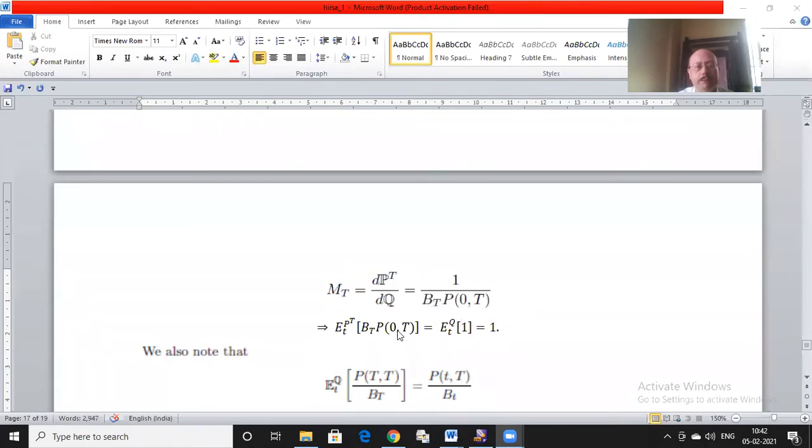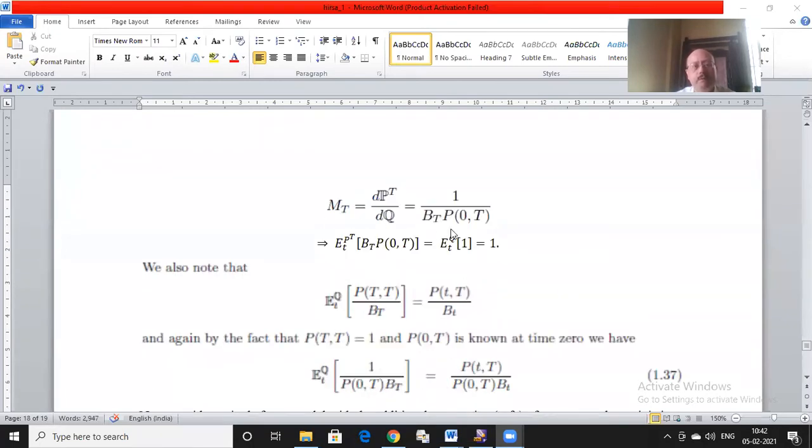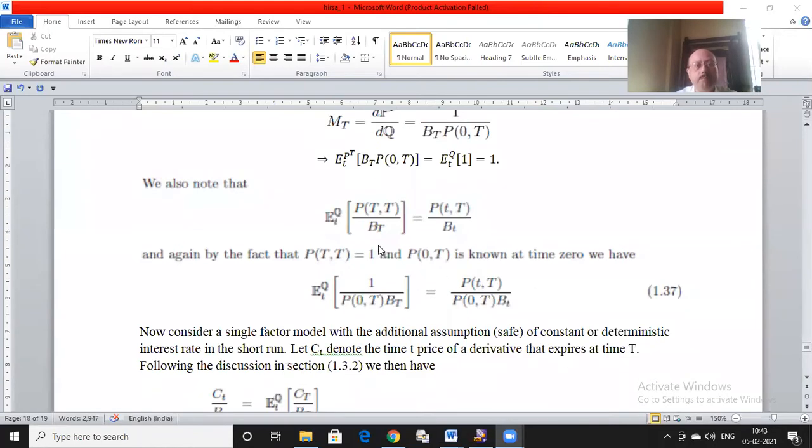This ratio is my MT, which would imply that under PT, the expectation of this must be equal to 1, because the expectation of MT is also defined like that. So we also note that the expectation of PTTBT is this at any time point t.